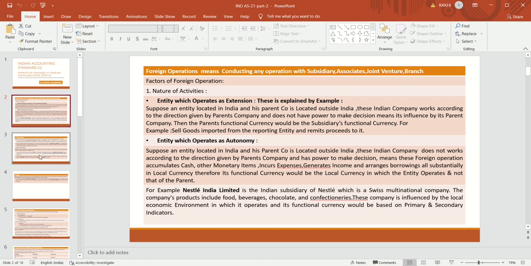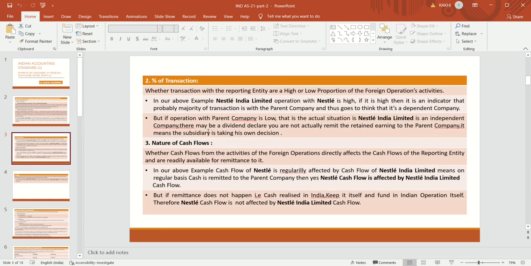Then the next factor, for a foreign operation, is the percentage of transactions. Means if any subsidiary is doing transactions, what percentage of transactions are they doing with their parent company?